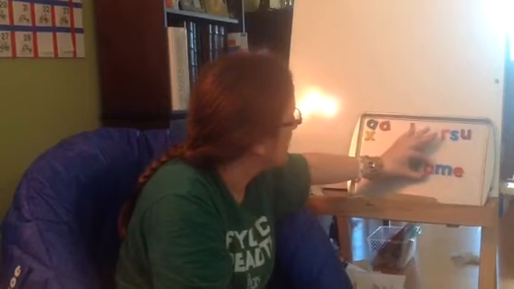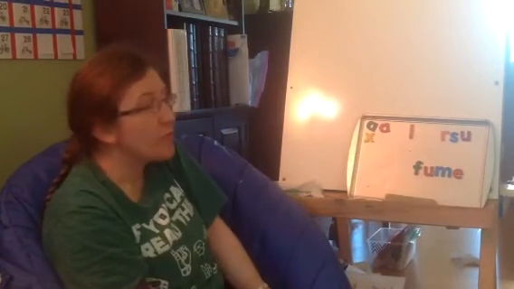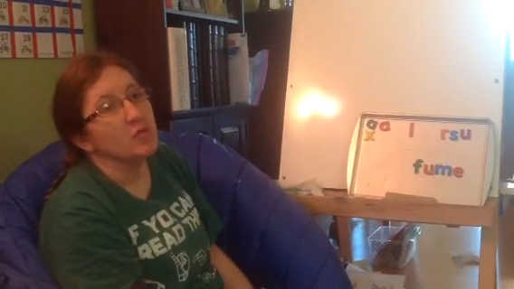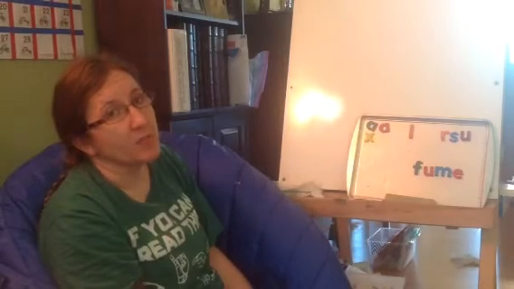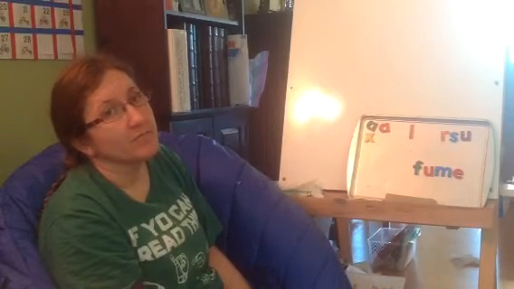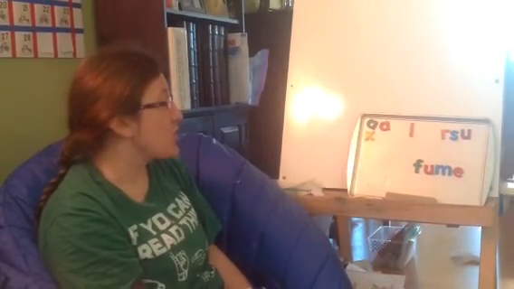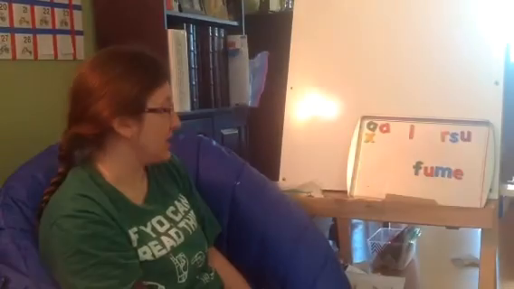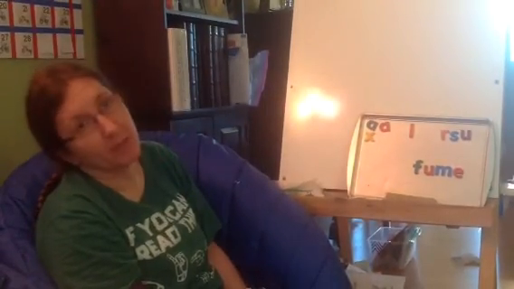I'm going to switch my A to a U to make the word fume. Fume means you're really, really mad, like smoke's coming out of your ears. So, if you don't have fume, you can add it to your list. To be fuming mad.